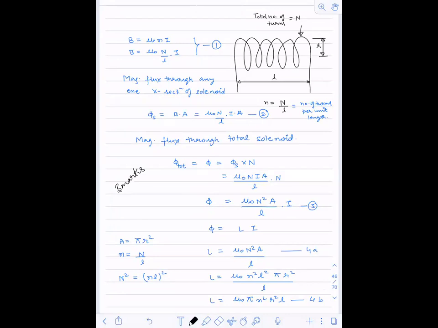If I intend to give it in 5 marks, then plus 2 will be a numerical with this.